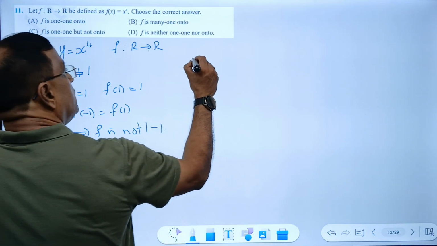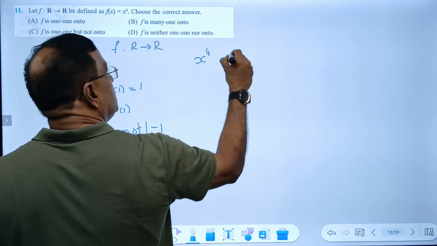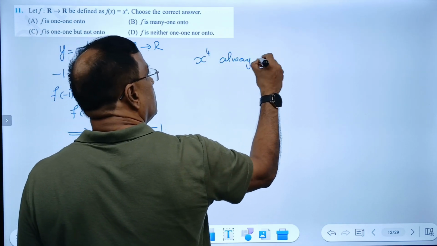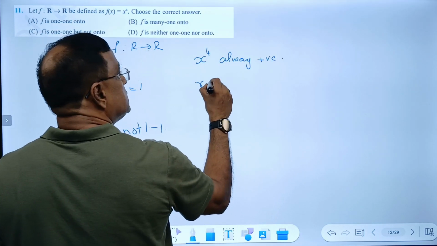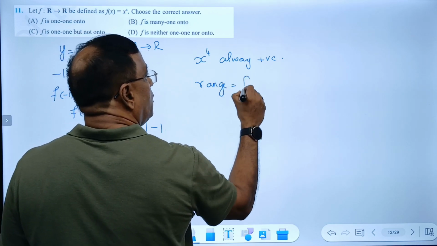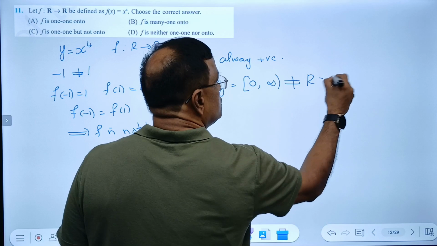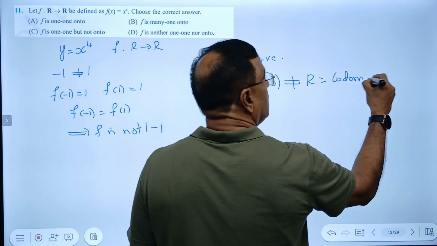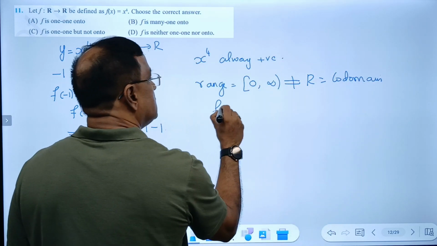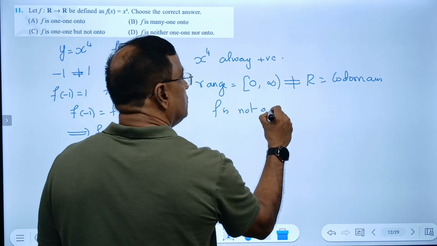And you know, x power 4 is always positive. Therefore my range will be 0 to infinity, which is not equal to R, the codomain. Therefore f is not onto.